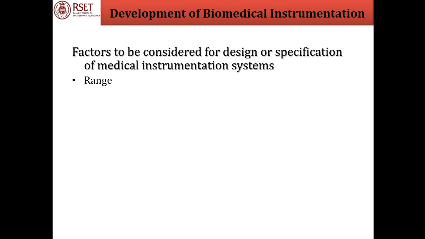While designing a medical instrumentation system, one of the important parameters to be considered is the range. The range of an instrument is generally considered to include all the levels of input amplitude and frequency over which the device is expected to operate.